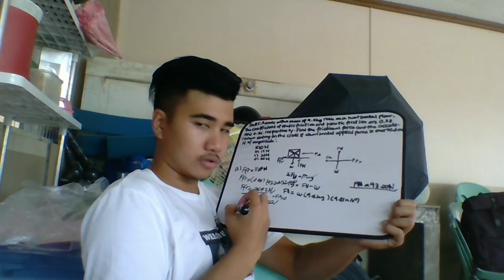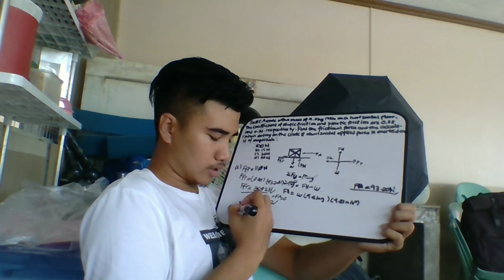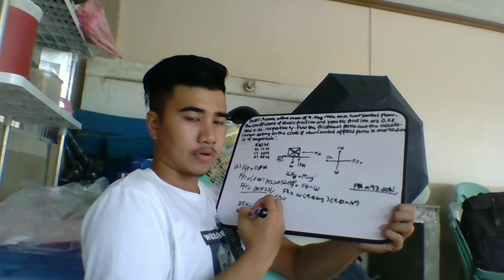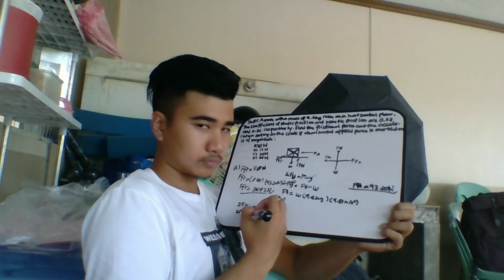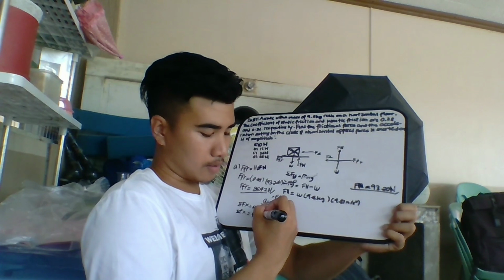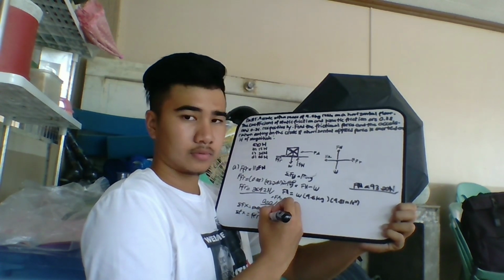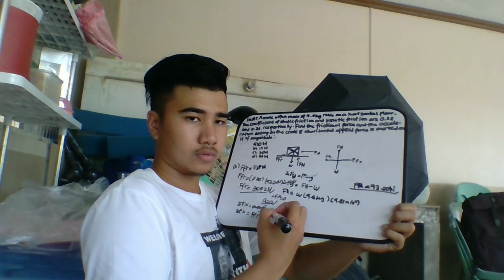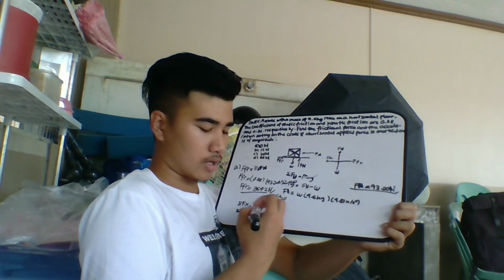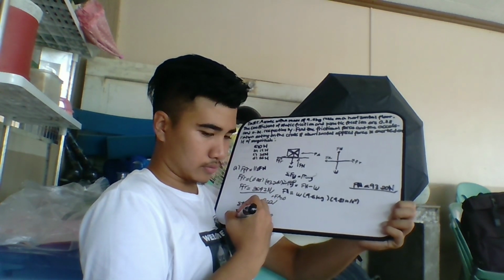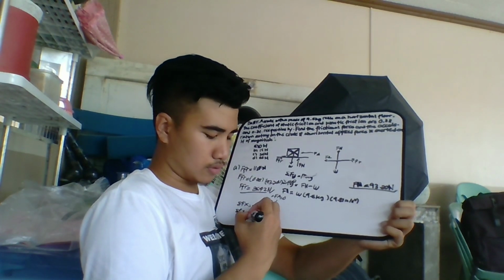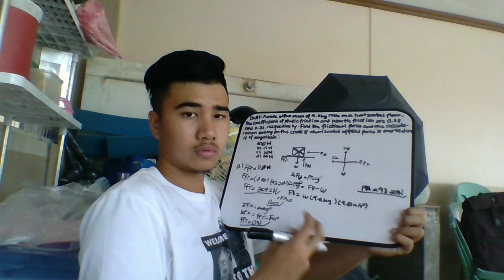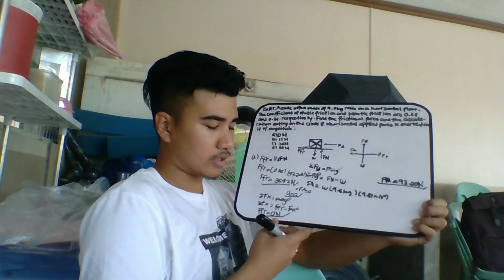And by summation of forces at x equals force of friction minus the force applied, which is 0, and this is also 0. Force of friction is equal to 0 Newton. So this is for letter A.